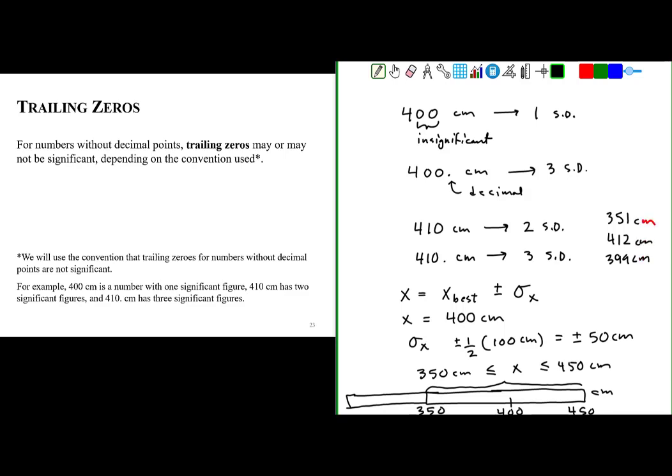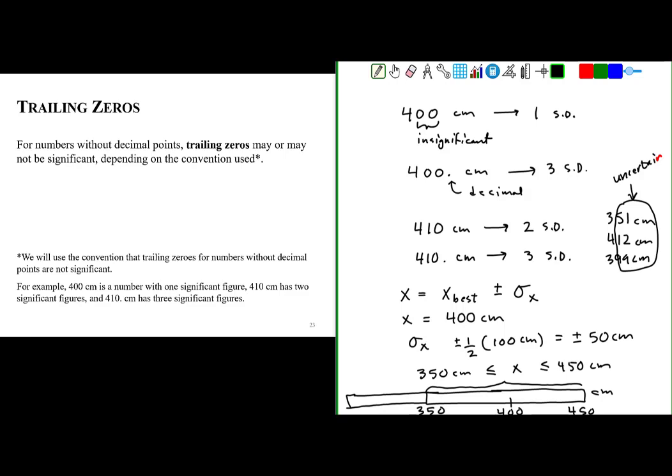So to report to the nearest ones place or even the nearest tens place would be inaccurate because we are uncertain in those decimal places. We don't know if it's 422 centimeters. We don't know if it's 376 centimeters.